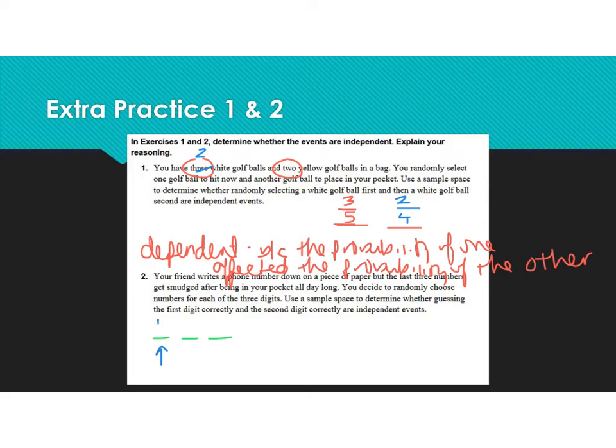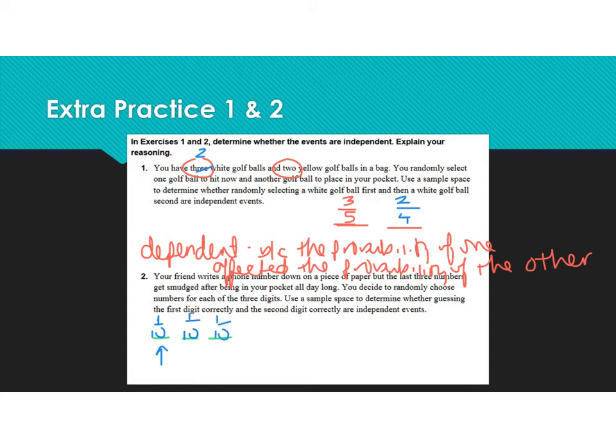Well, it can be any one out of those 10 numbers. Now, let's say that number happens to be a 6. Does that affect the probability of this next digit? If this one is a 6, can this one not be a 6? No, this one can still be a 6. So its probability is still 1 out of 10 because it can be any of those numbers, even the number you already chose. And what about the next one?